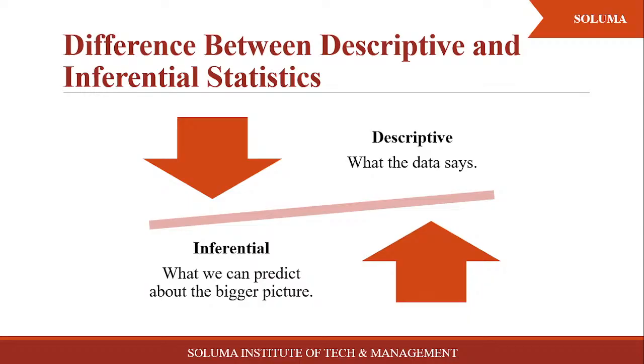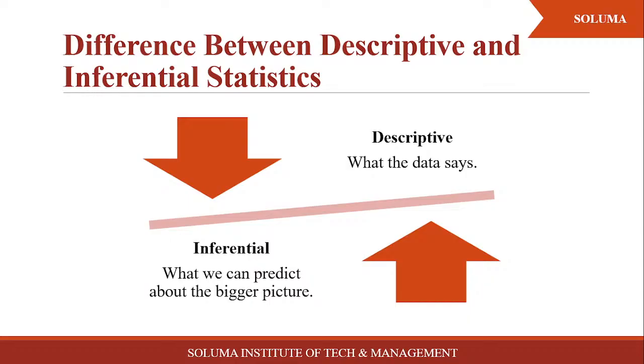We say that the person before me is 5 meters tall. That is descriptive. We are saying what the data says, exactly what it is. But inferential gives us room to make predictions, to go deeper into the data.